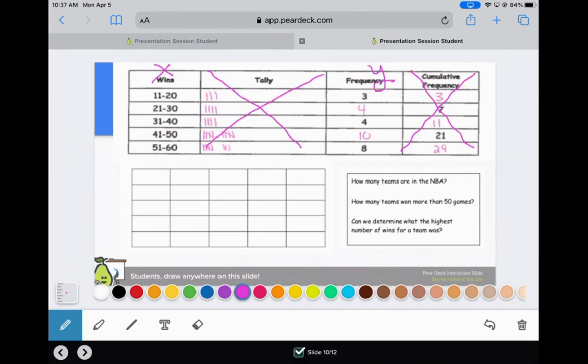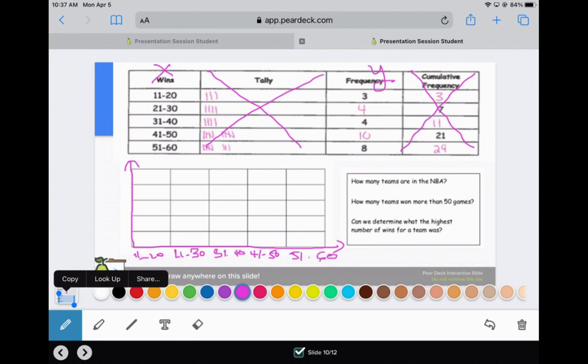All right, let me finish up this problem. So you have the graph, okay? And for the wins, we have 11 to 20, 21 to 30. That's how you label this one, 31 to 40, 41 to 50, and then 51 to 60. This is the wins, okay?